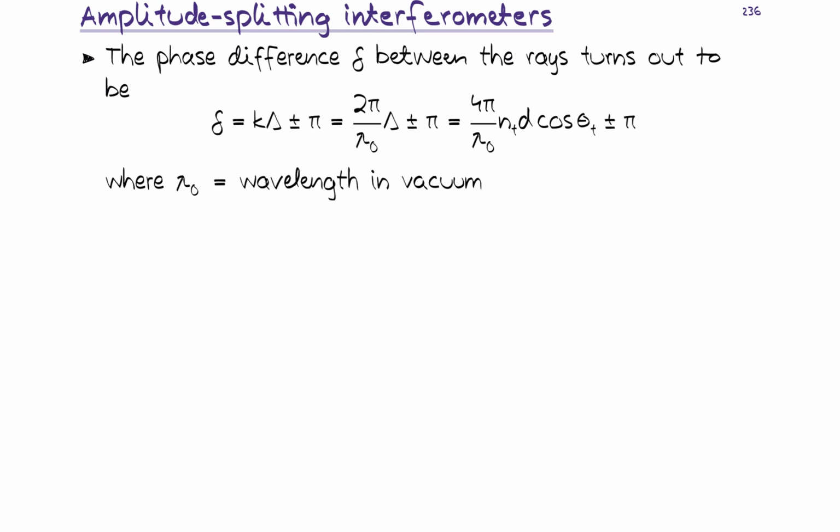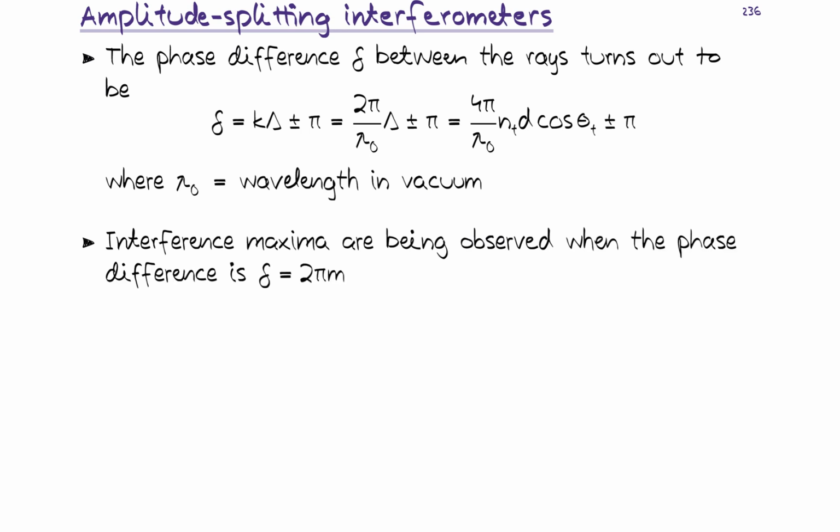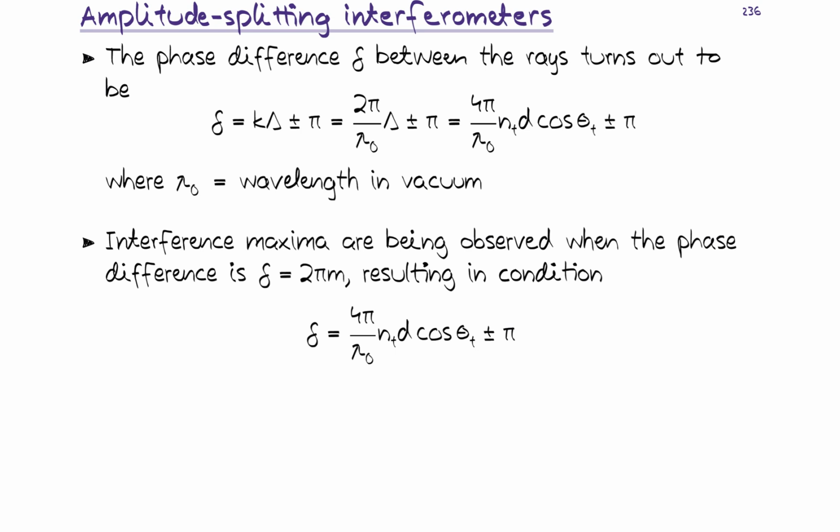So here lambda naught is the wavelength in vacuum, and now we can see that we have interference maxima when the phase difference delta is, of course, an integer multiple of 2 pi, as always. This gives us a condition that the phase difference delta, 4 pi divided by lambda naught times nt times d times cosine theta t plus minus pi, must be equal to 2 pi m, so that we have constructive interference.